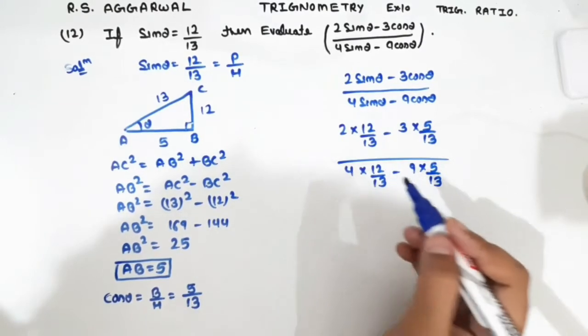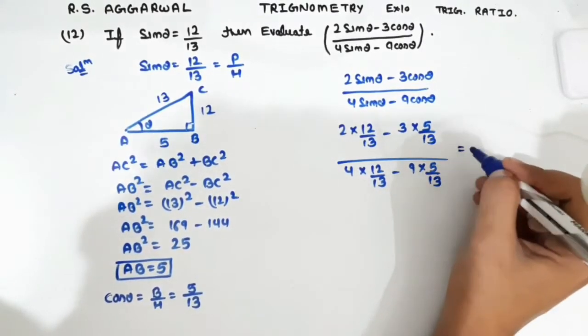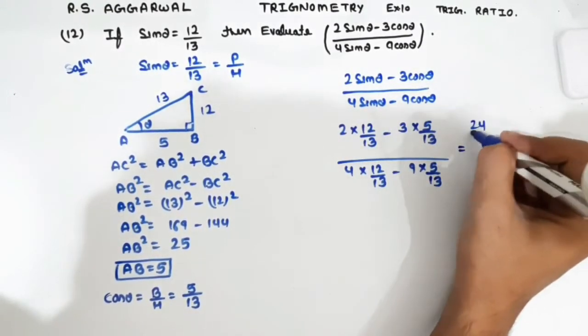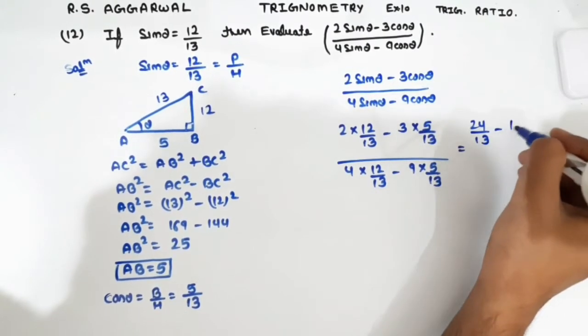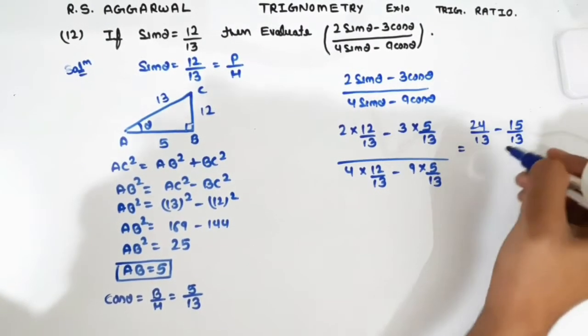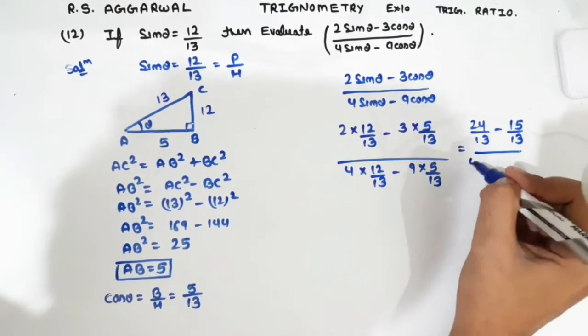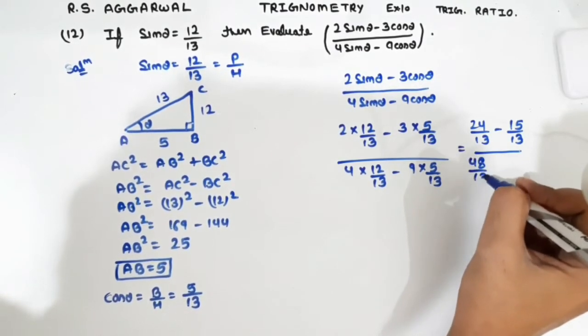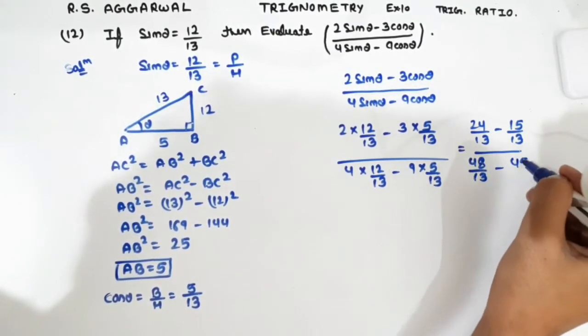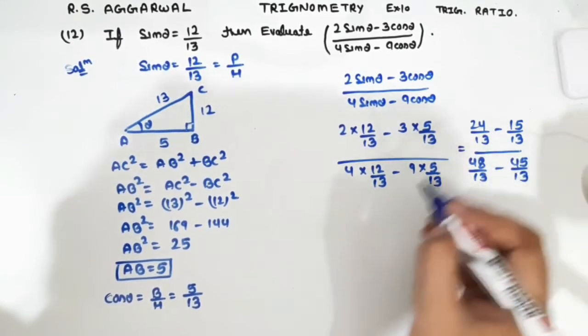So from here this will be equal to 24 upon 13 minus 15 upon 13 upon 48 upon 13 minus 45 upon 13.